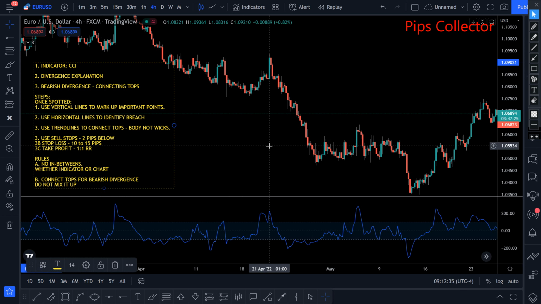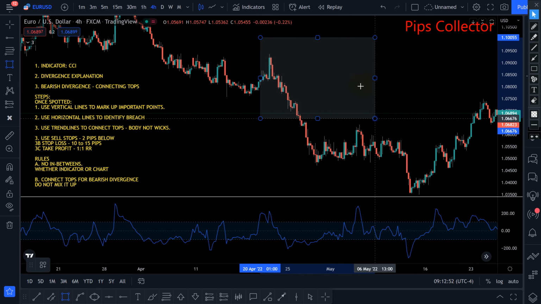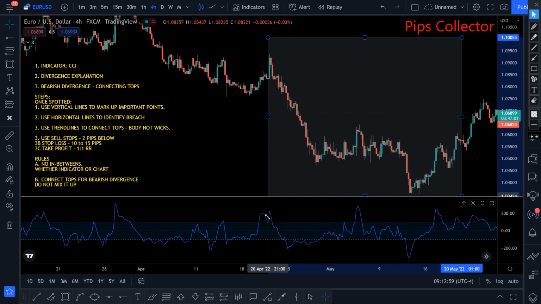First, and more importantly, we need to find a point on our chart. Let's look at it this way. Before everything here plays out, let's assume that this is where we are.